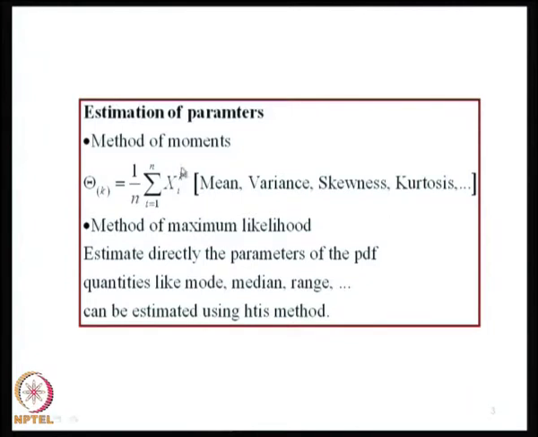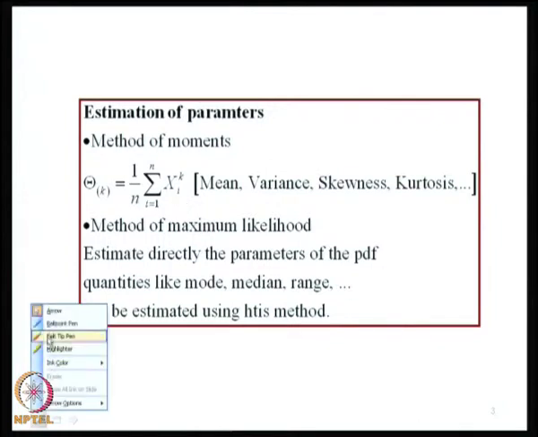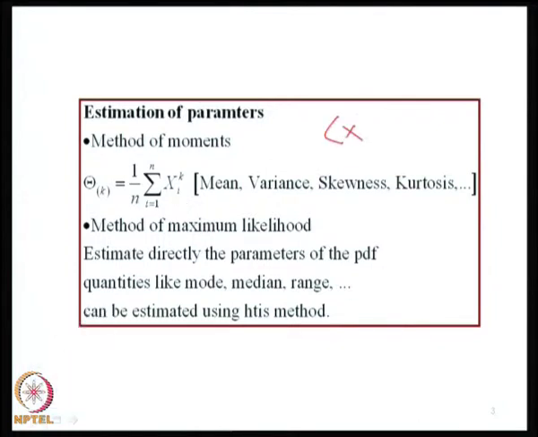So, one of the methods is method of moments, where we find basically quantities like expected value of x to the power of k. So, that would mean we can find mean, variance, skewness, kurtosis, etc. The other alternate method directly estimates the parameter of an assumed probability density function, that is method of maximum likelihood.